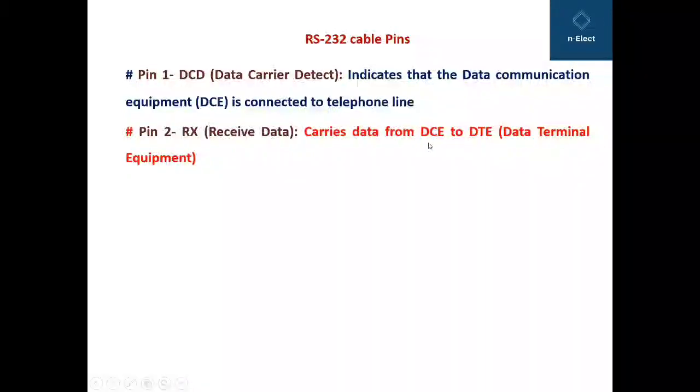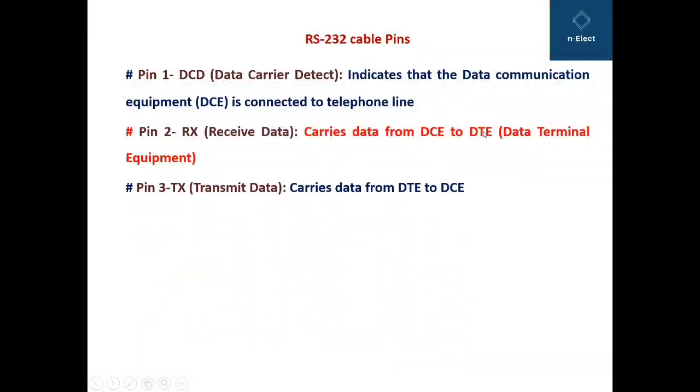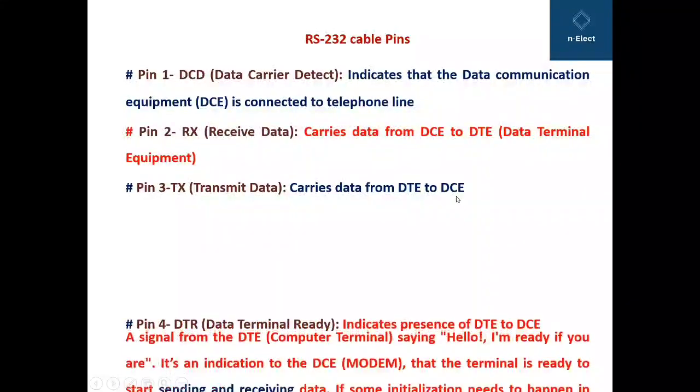Here, we treat the data communication equipment as a modem and the data terminal equipment as a computer. Pin 3, TX, transmit data, carries data from the data terminal equipment to the data communication equipment.